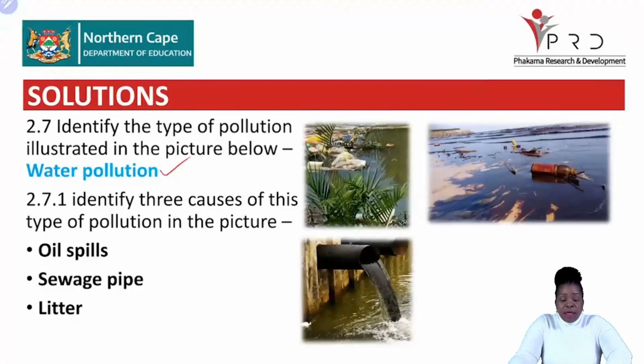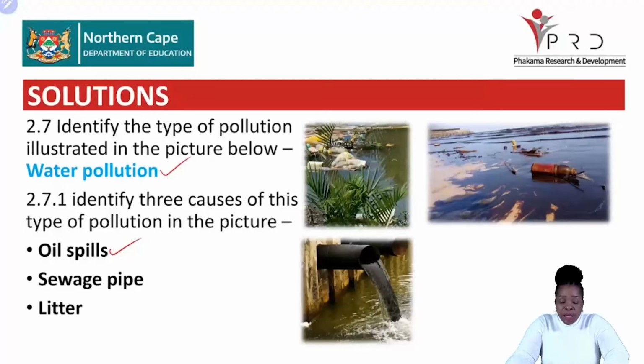Right. And our 2.7.1 says identify the causes of this type of pollution in the picture. So basically we are saying what causes water pollution or what pollutes our water. Right. The first one is oil spills.